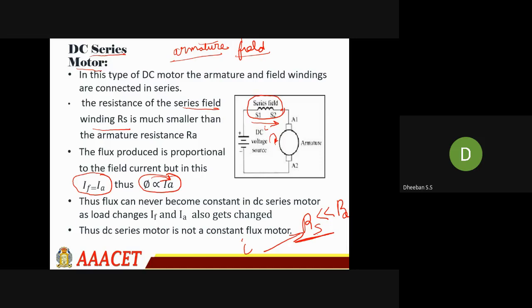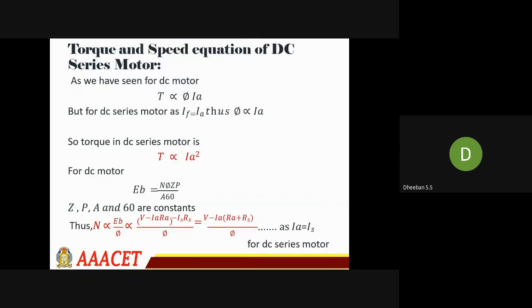As the load changes, IF and IA also get changed. Coming to the torque and speed equation, the same thing, this is from your DC motor concept. So here your IF will be equal to IA. At the same time, your phi will be directly proportional to IA. So substituting, your torque will be proportional to IA square. Okay, so as it is IA square, what happens?